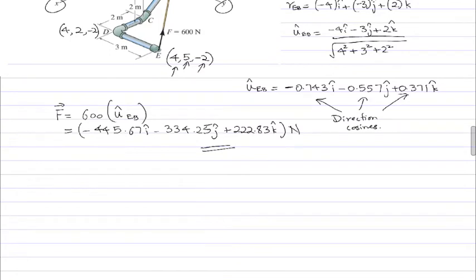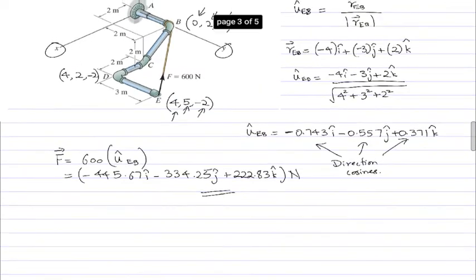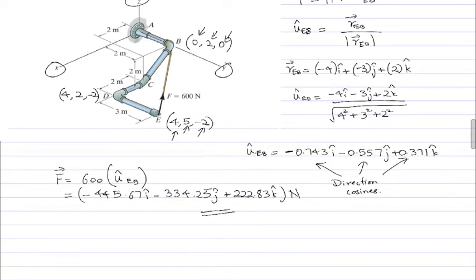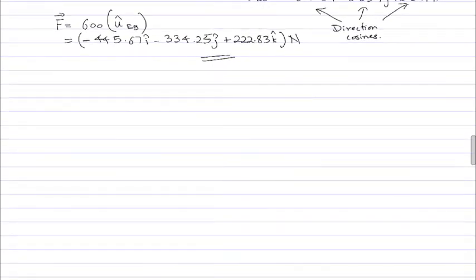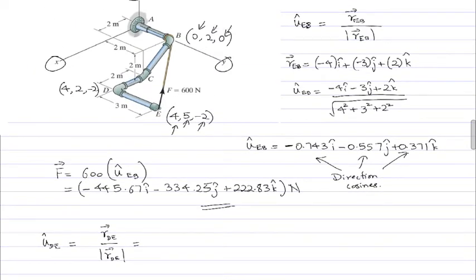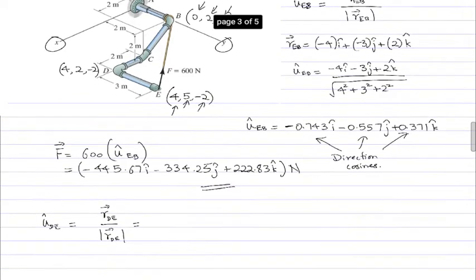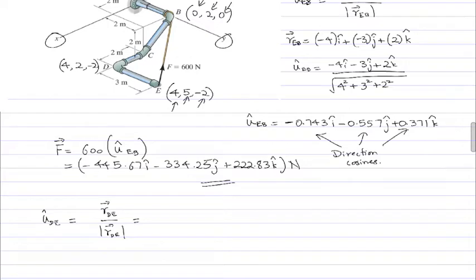So now, remember that the problem is to find the components of the force along the line DE, right? So obviously the next candidate unit vector would be the unit vector along the line DE, which is equal to RDE divided by the magnitude of RDE. So RDE can be found from the XYZ coordinates of D and E. So the coordinates of E minus coordinates of D times whatever orthogonal unit vectors i, j, k you want to use, right?